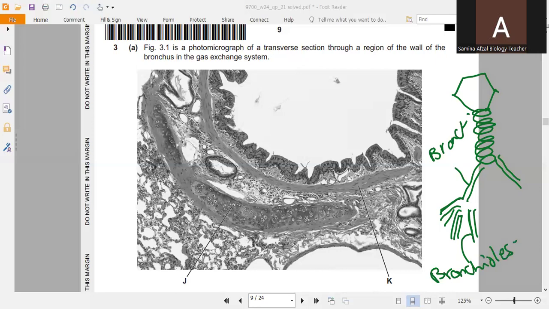At the ends of the bronchioles, alveoli are present, and the alveoli are where the gas exchange takes place.